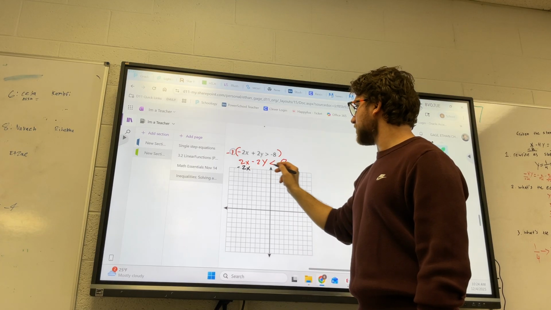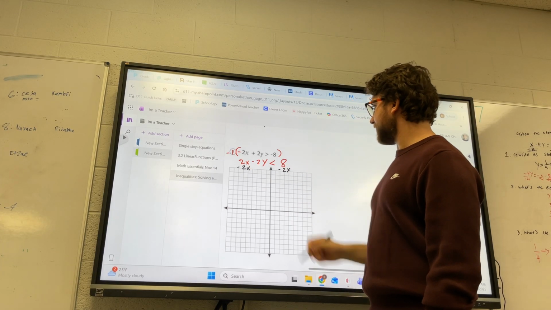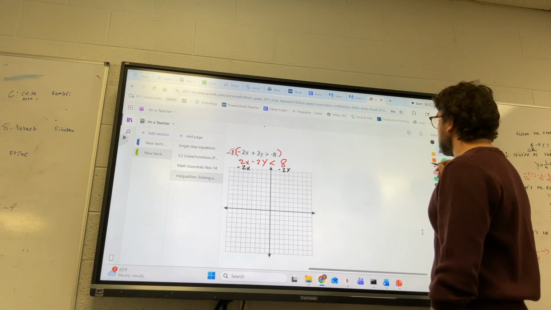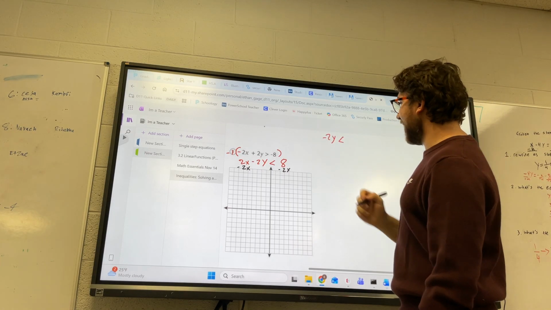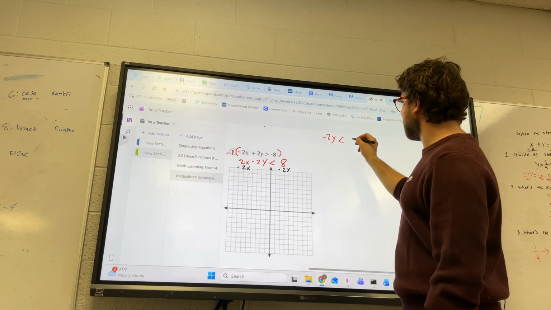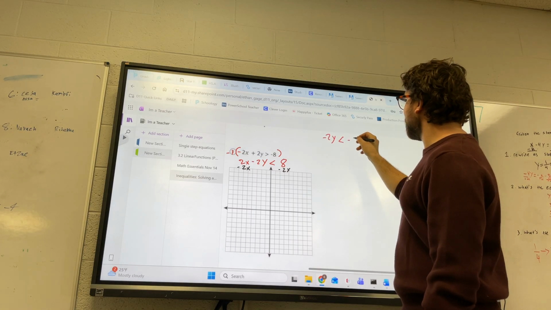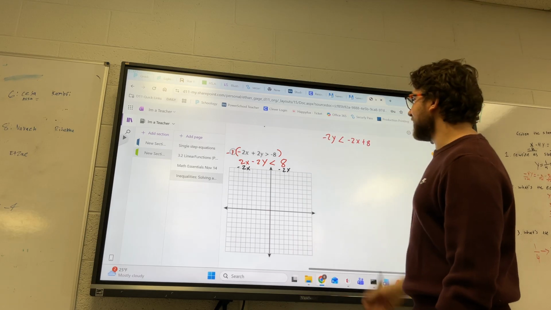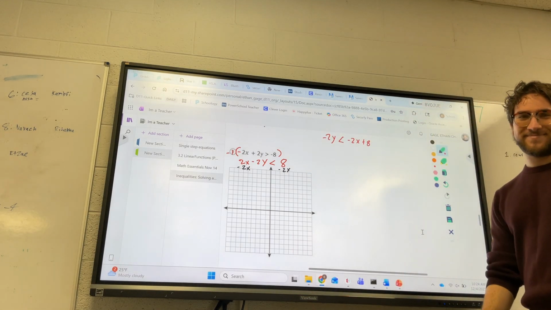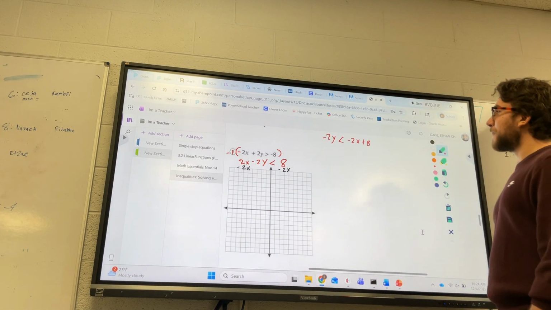Minus 2x, minus 2x. Giving us negative 2y is less than negative 2x plus 8.